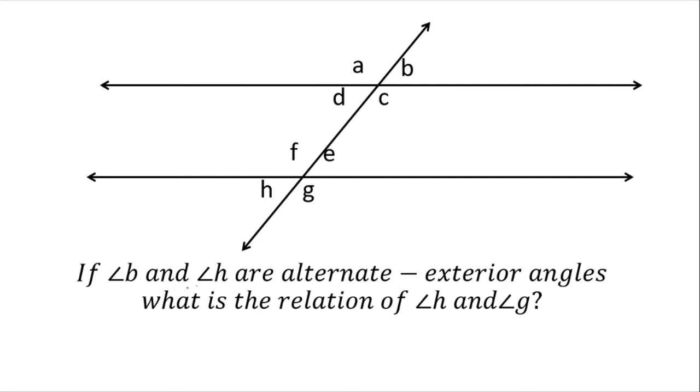If angle B and H are alternate exterior angles, okay, so exterior, so ibig sabihin nasa labas. Ayan, angle B, okay, nasa labas yan. And angle H, nasa labas din siya. Okay? What is the relation of angle H and angle G?